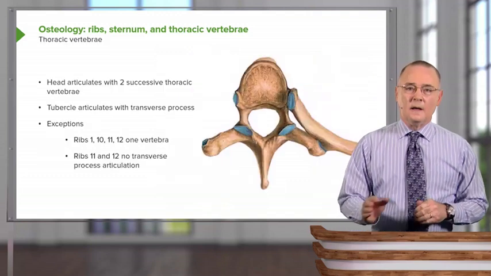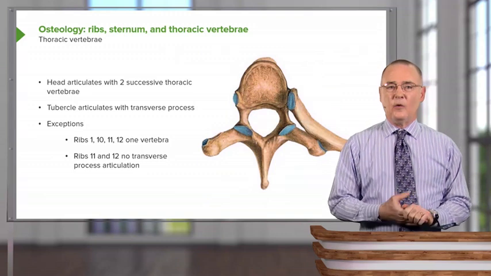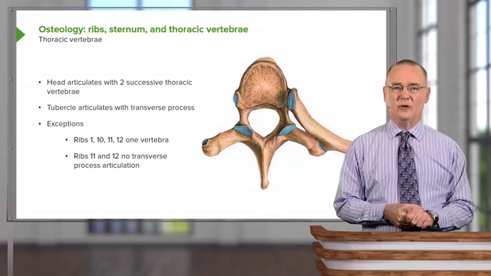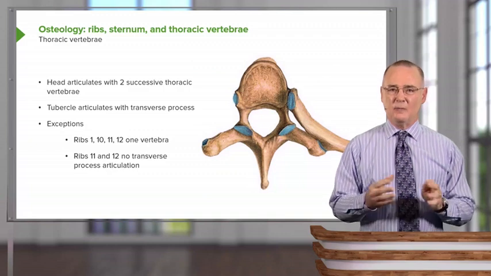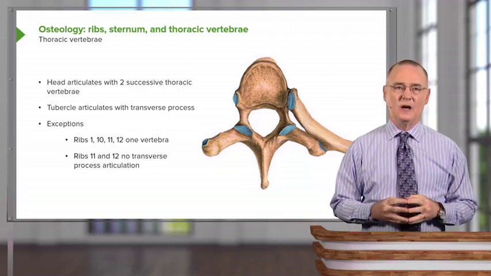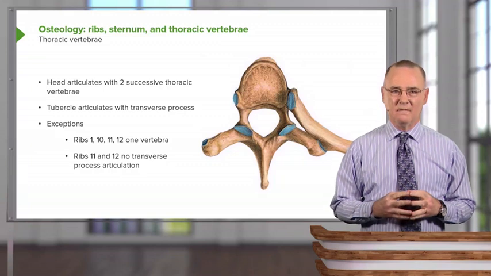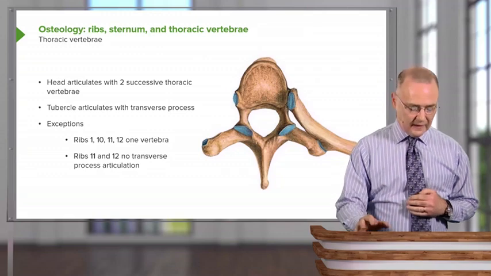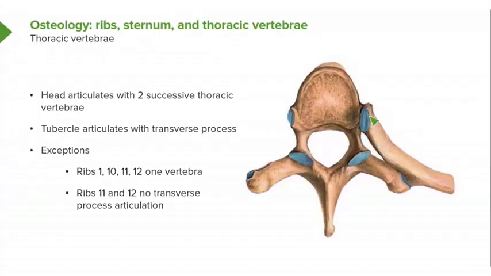Since all the ribs have an attachment to thoracic vertebrae, let's pause for a moment and look at how the ribs do articulate with the thoracic vertebrae. Many of your ribs are going to articulate with two successive thoracic vertebrae.